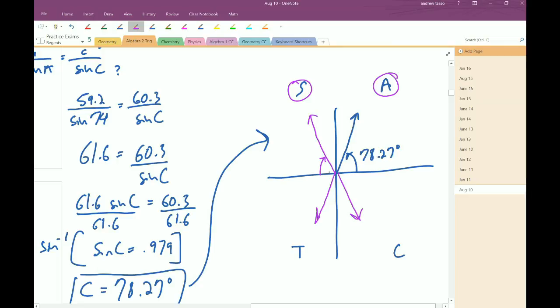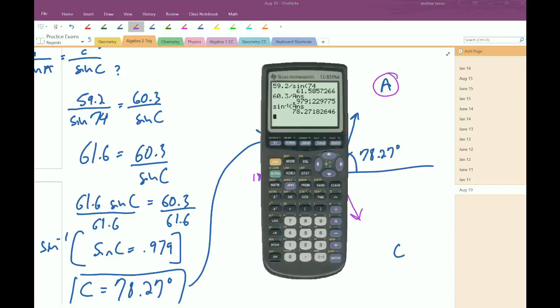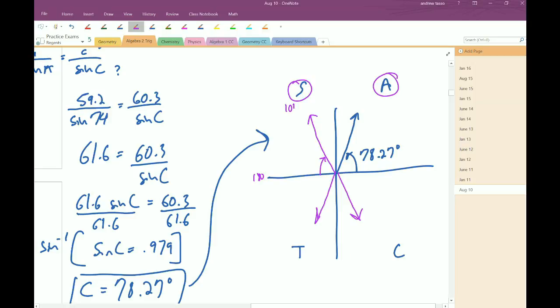So what that means is that this angle here, 78.27, and then if we are to go 78 short of 180, right, so what would that be? So 180 minus answer, we'll get 101.73. This may also be a valid angle.